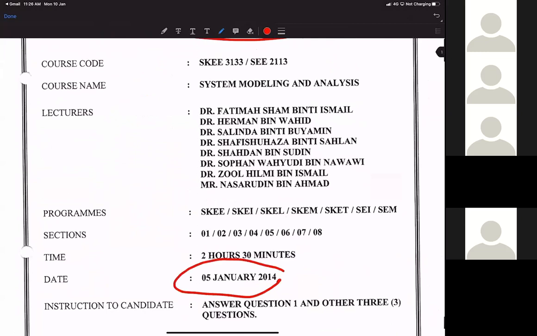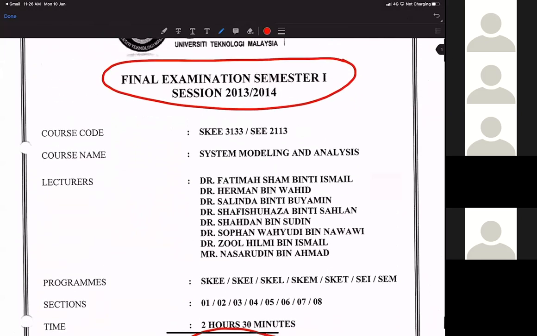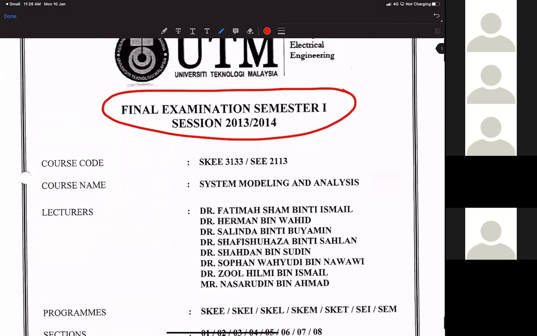Your exam will be on which date? The draft final exam table says 15 February.